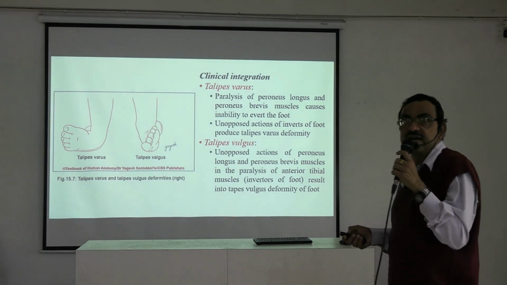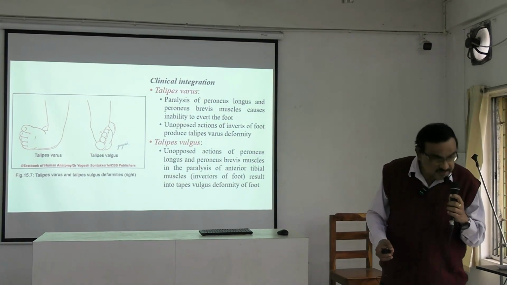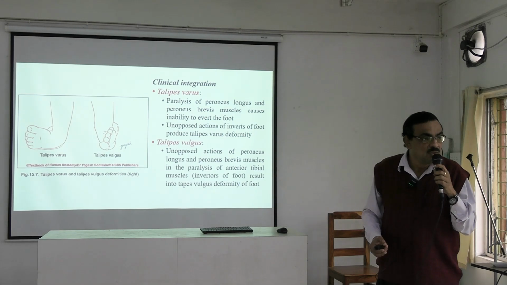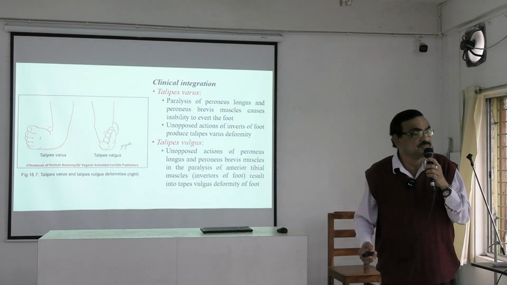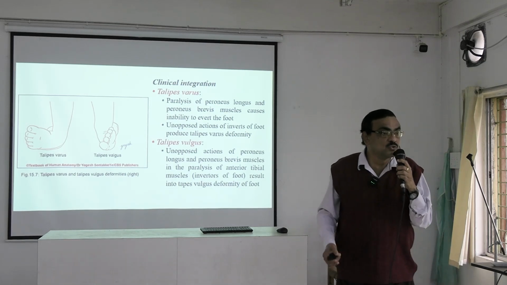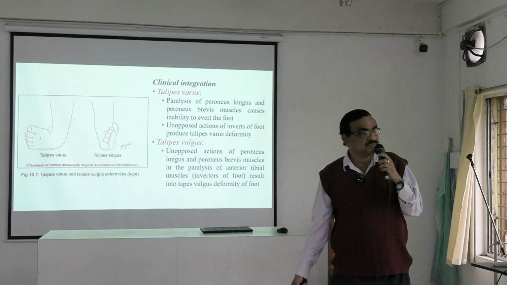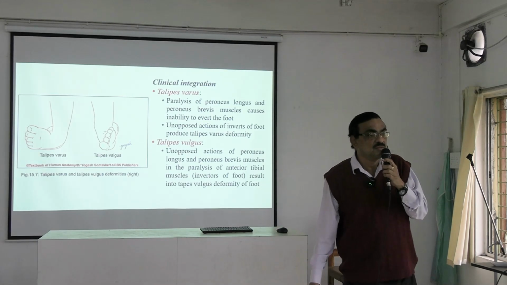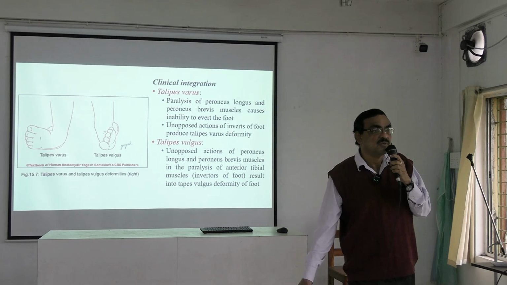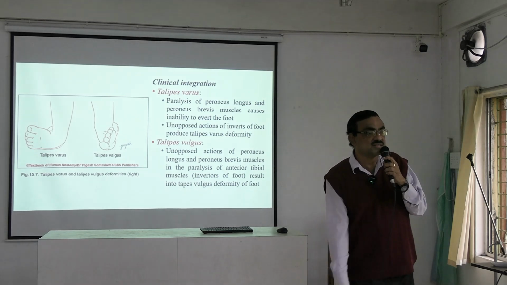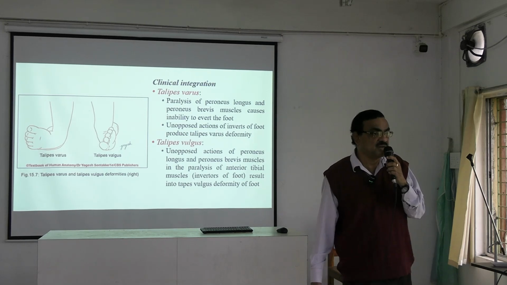So there are two clinical entities. One is talipes varus and one is talipes valgus. Varus is due to inactivity of the lateral compartment muscle and valgus is overactive lateral compartment muscle, whereas the anterior compartment muscles are not acting properly.